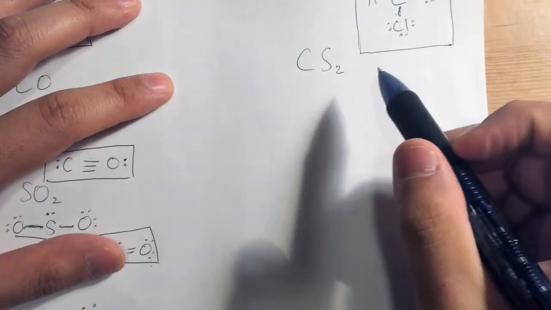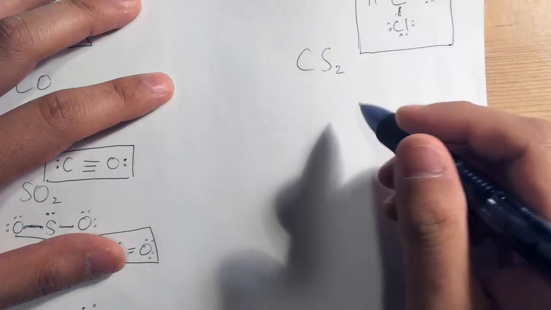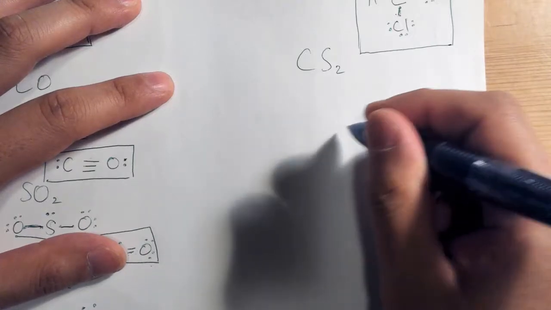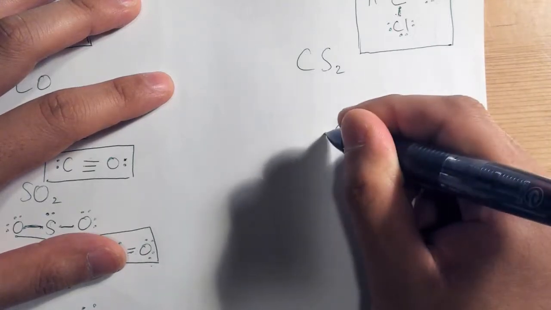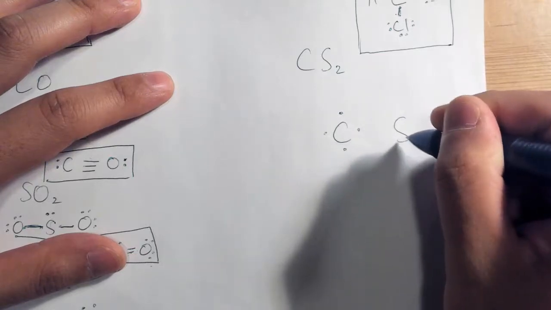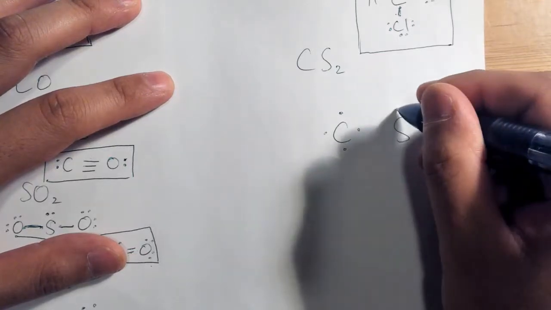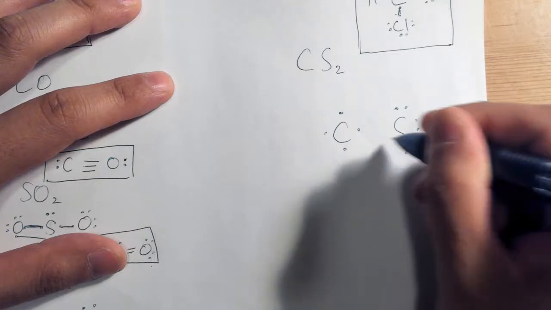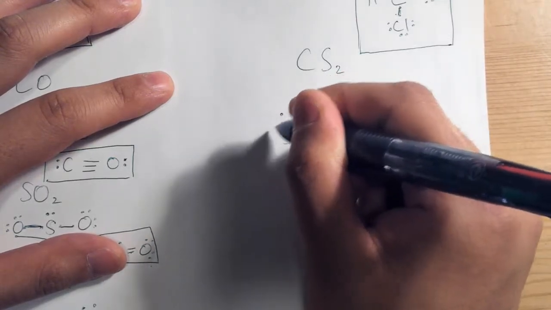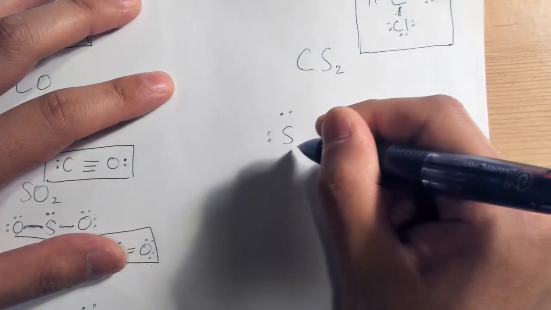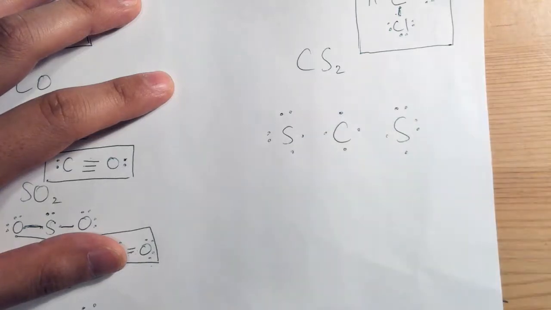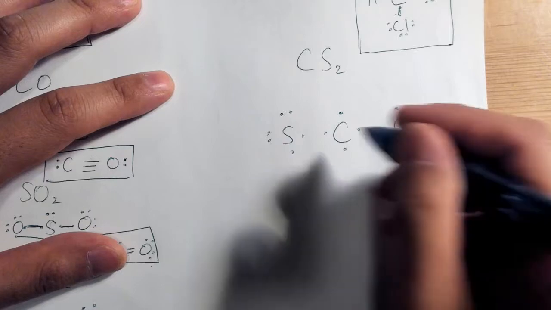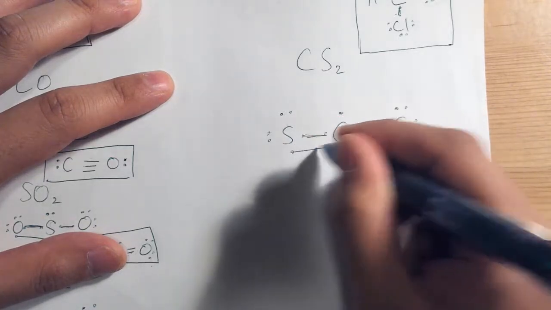Now the next problem is CS2. For CS2, there's going to be 4 valence electrons for C, and S has 6 valence electrons. Okay. All right. So what we're going to do is connect the lone electrons.